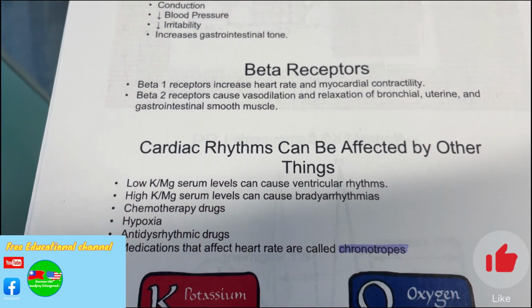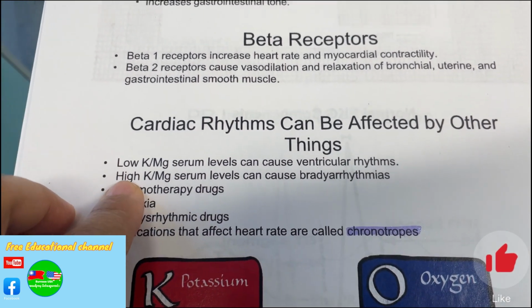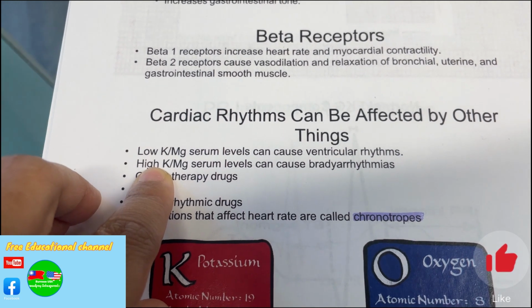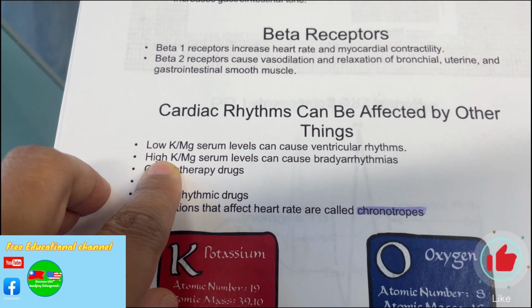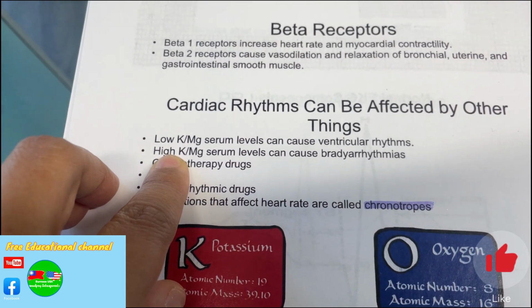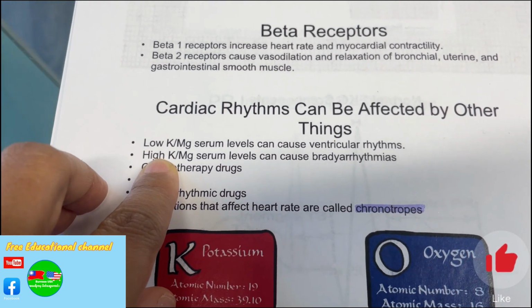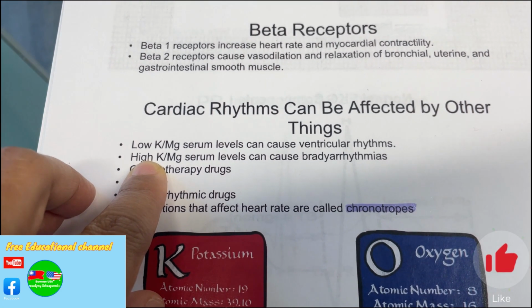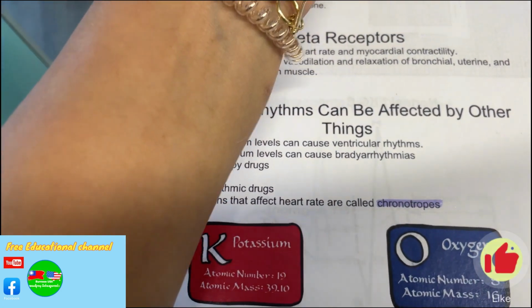which are usually very fast. And high potassium, remember, when patients need potassium, it will never be an IV push. It's going to be with an IV infusion pump, going slowly into the vein, right?